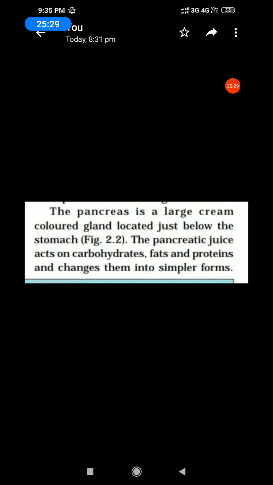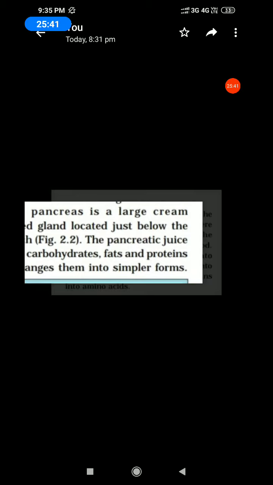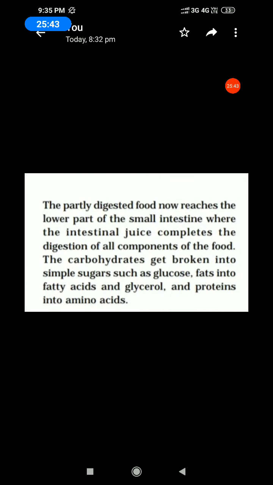The pancreatic juice acts on carbohydrates, fats and proteins and changes them into simpler forms. The partially digested food now reaches the lower part of the small intestine where the intestinal juice completes the digestion of all components of the food.